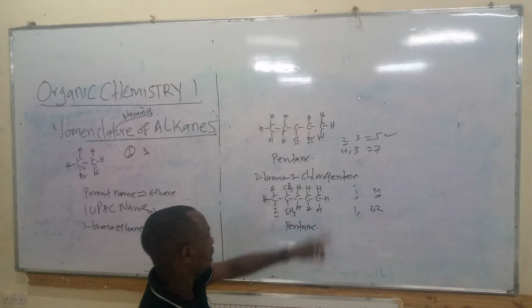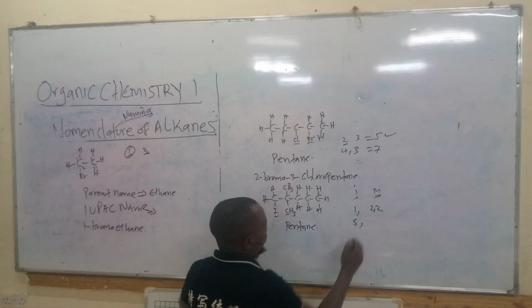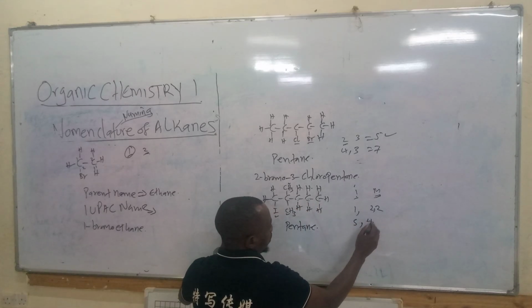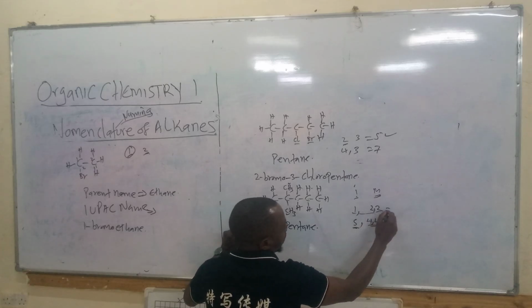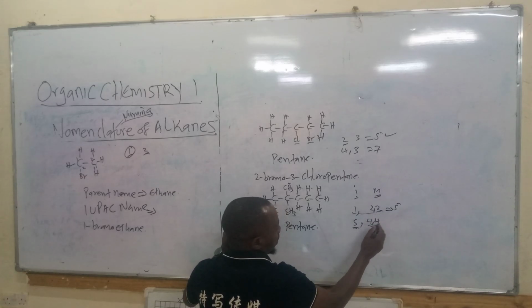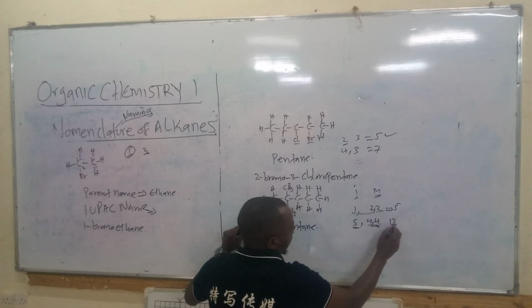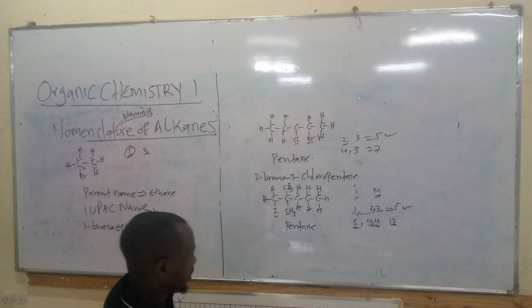From the other end, 1, 2, 3, 4, 5, iodine is number 5, while the two methyl groups are each number 4. Adding these, we get 13, which is larger, so we go by the lowest.